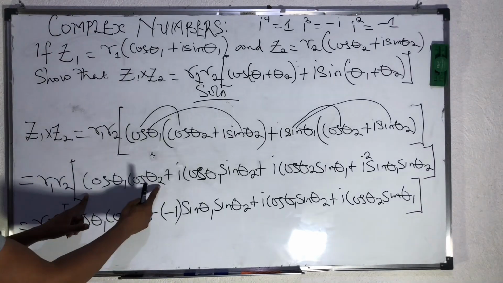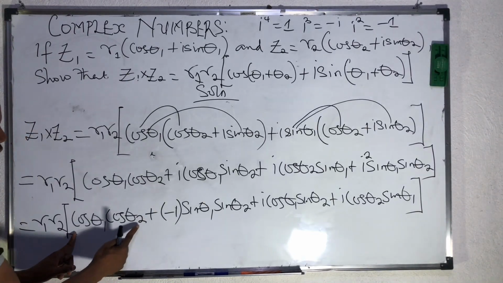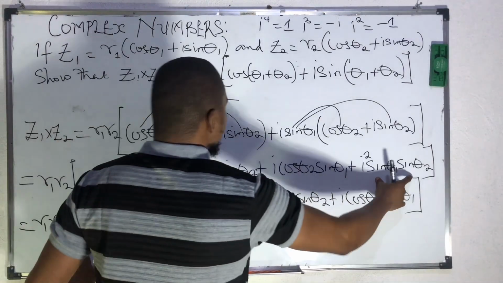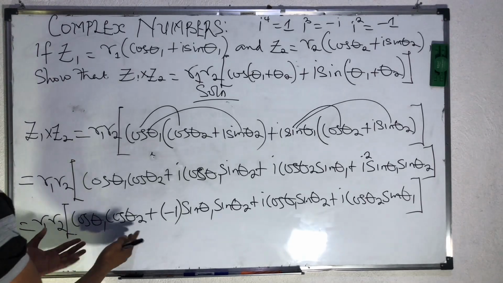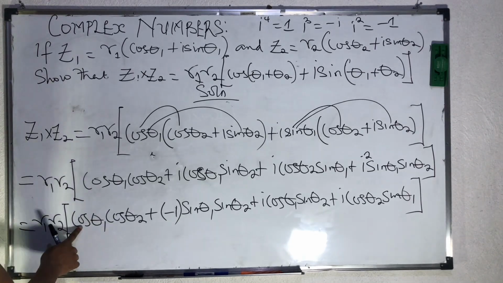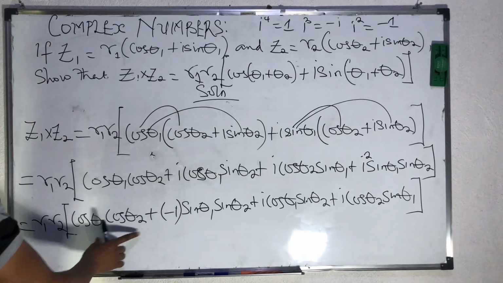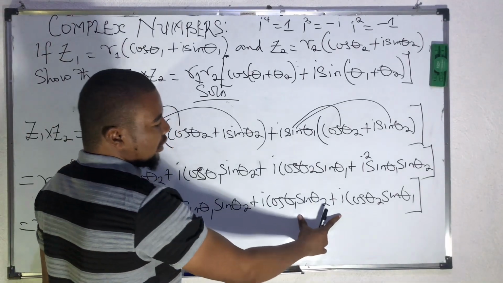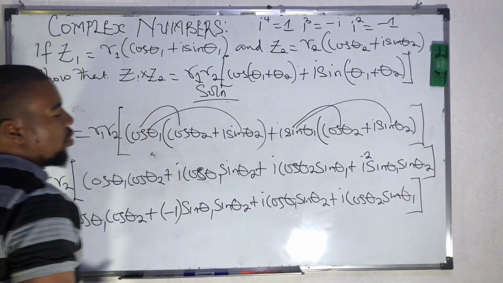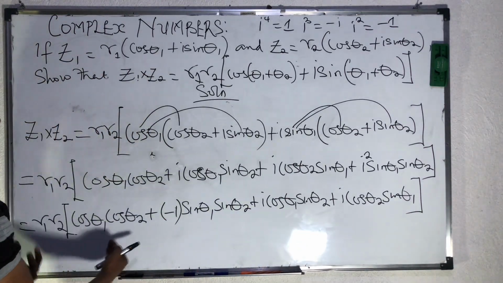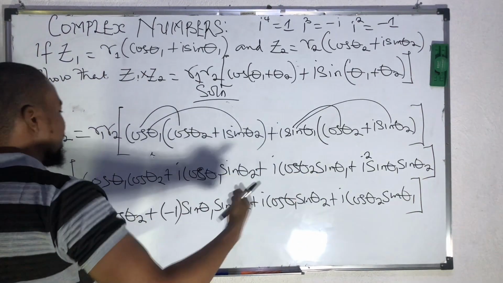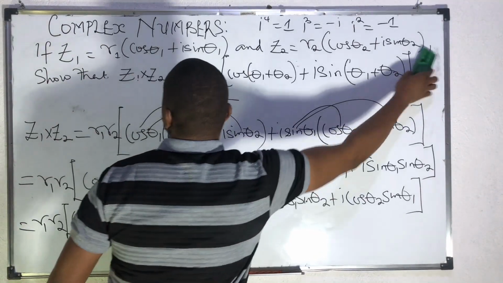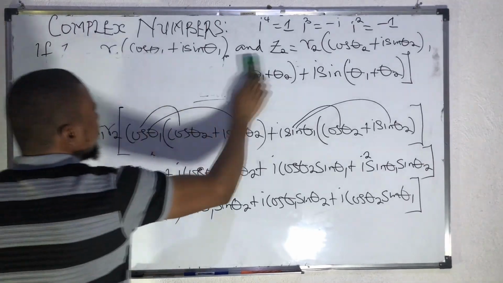I initially brought down the cos theta 1 cos theta 2 down here, and I went on to pick this one because it would save time, because this one is going to give us a trig identity that will be very easy to work with, while this one would also lead us to a trig identity that would be easier to work with. That's why I brought them together. Otherwise, I would have still simplified them separately before bringing them together. Now, let's go ahead and continue with our simplification.